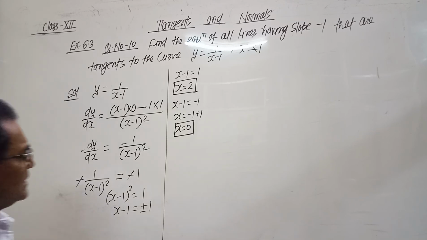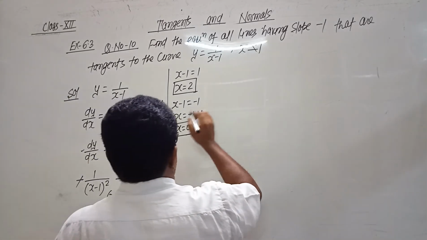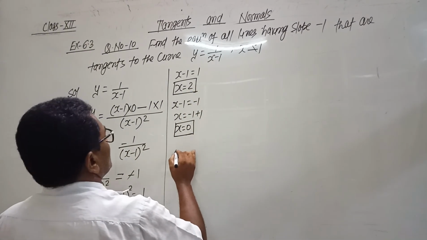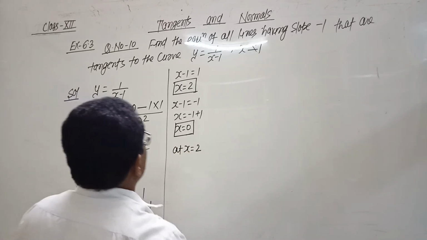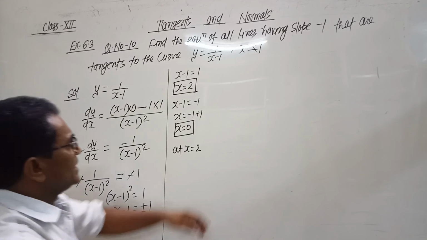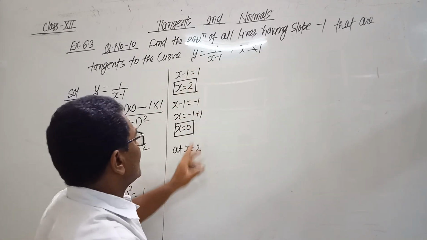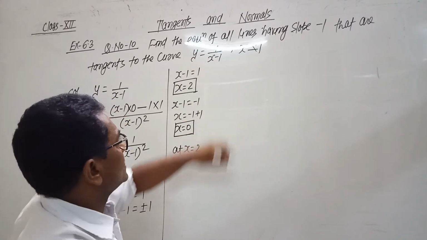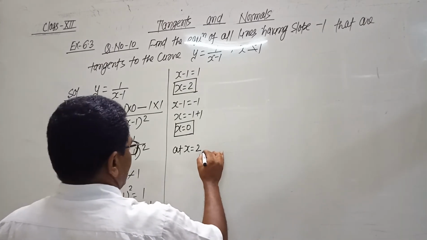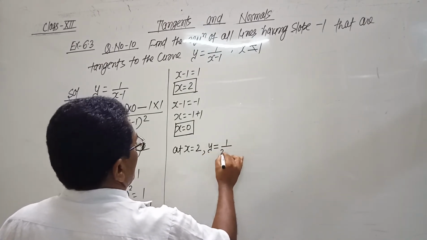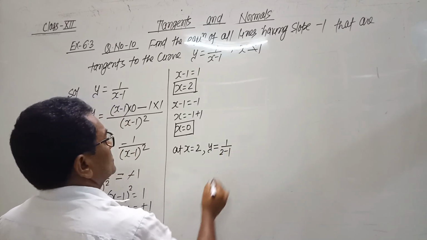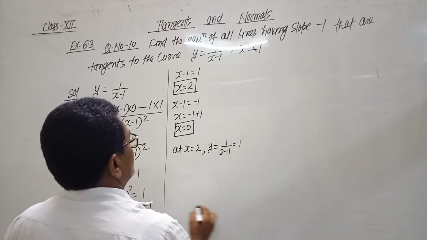Now we will find the value of y at these points. At x equals 2, the value of y is calculated by putting the value of x in the equation of the curve. So y equals 1 upon x minus 1, that is 1 upon 2 minus 1, which is 1.